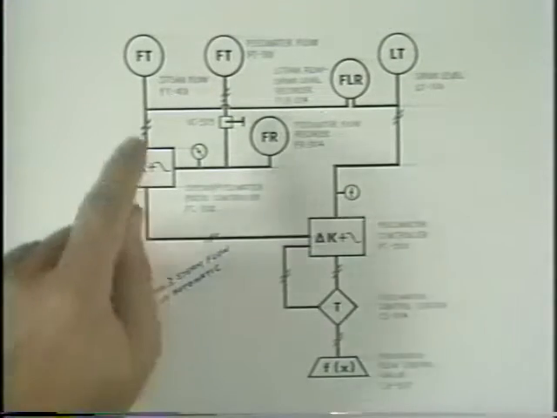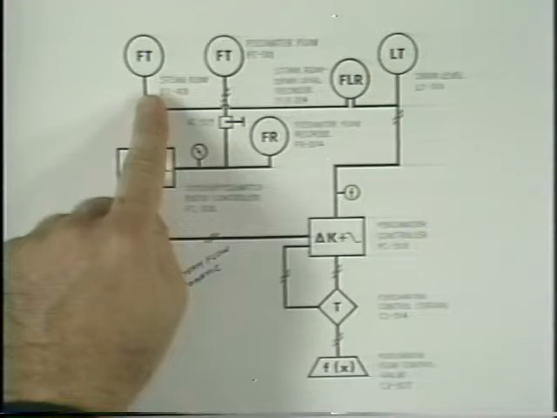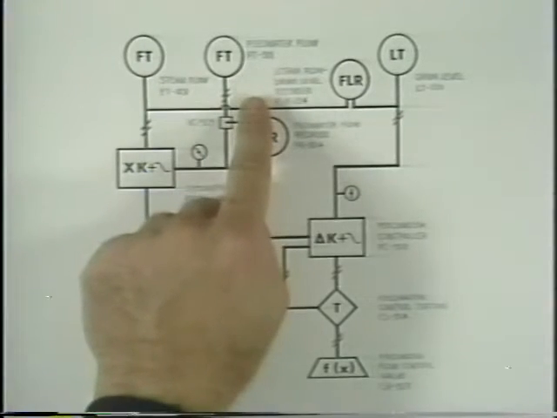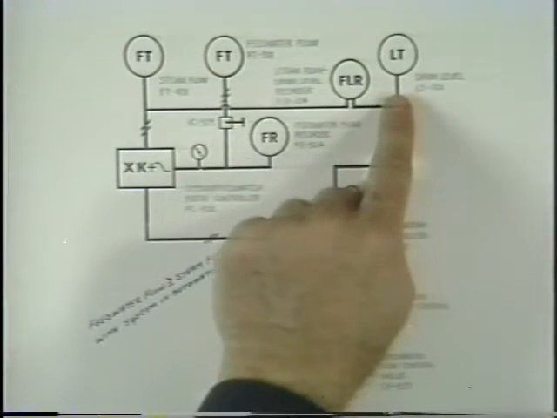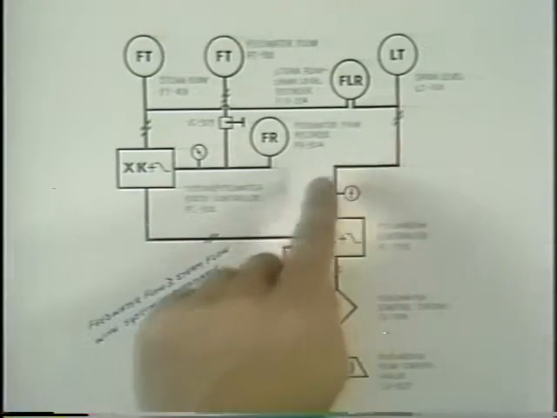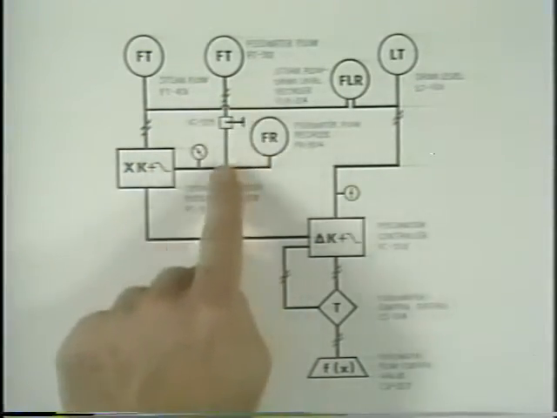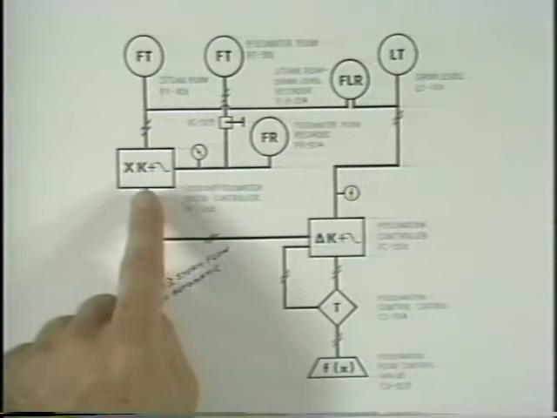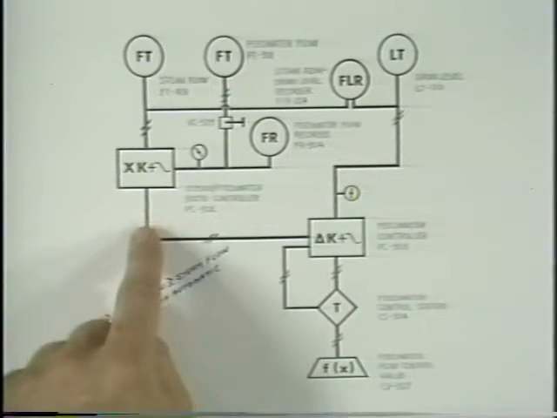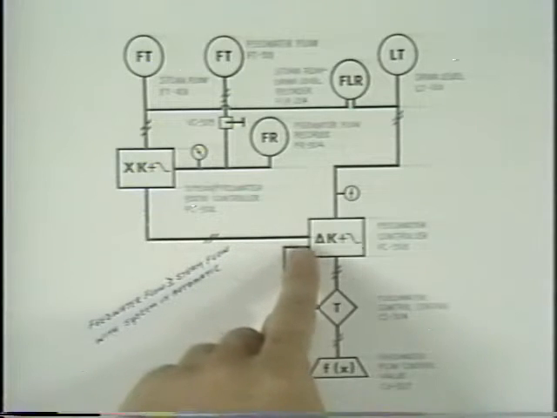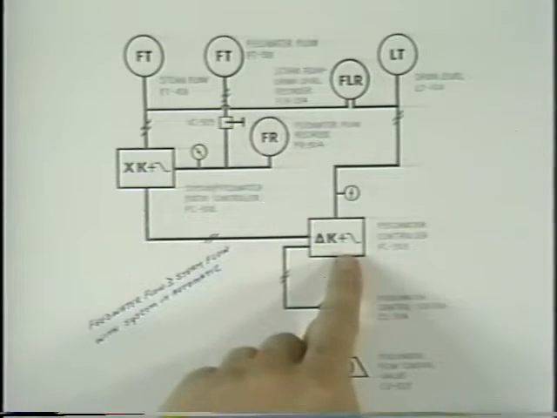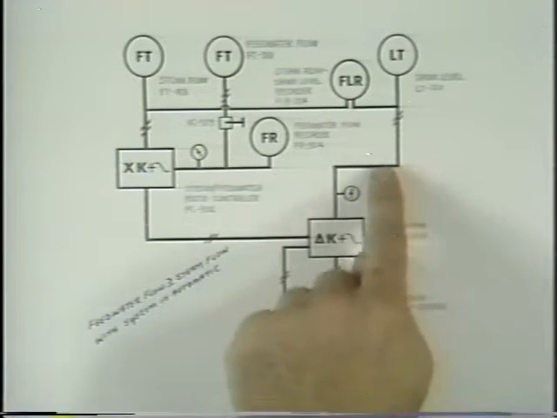Oh yeah. This system has 3 transmitters that monitor steam flow, feed water flow, and drum level. The output signals from the steam flow transmitter and the feed water flow transmitters are balanced by this ratio controller, and the resulting signals sent to this feed water controller, where it's balanced against the output signal from the drum level transmitter.